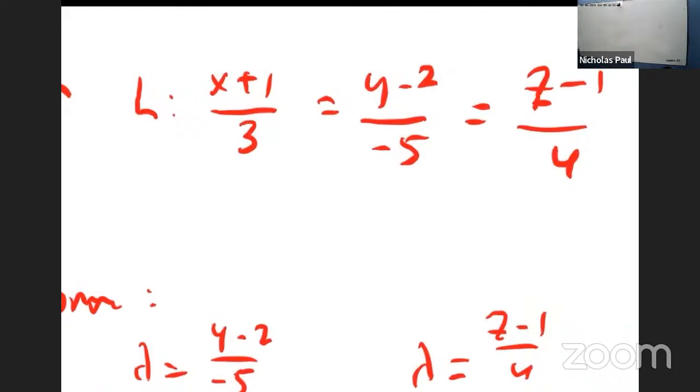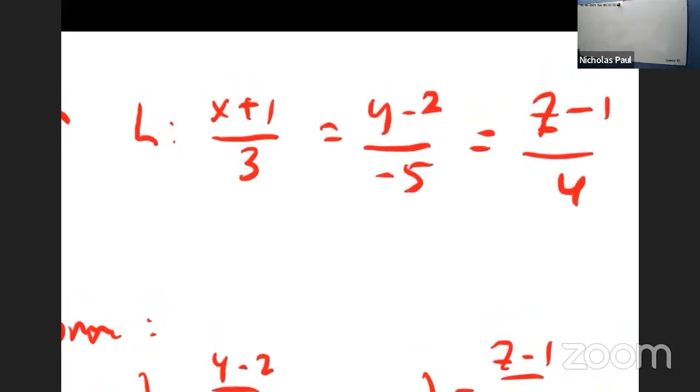Write this equation of the line, and I want you to go from here back to all the others. What is this form called again? Cartesian. So take the Cartesian, get the parametric, then get the vector. Try that fast.